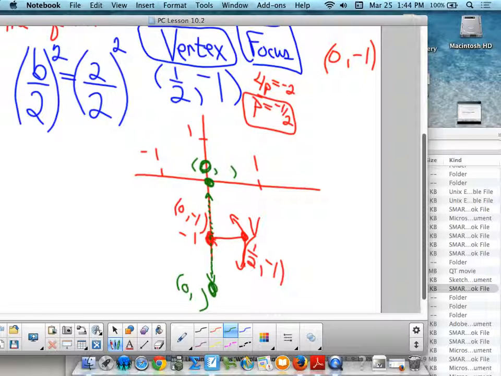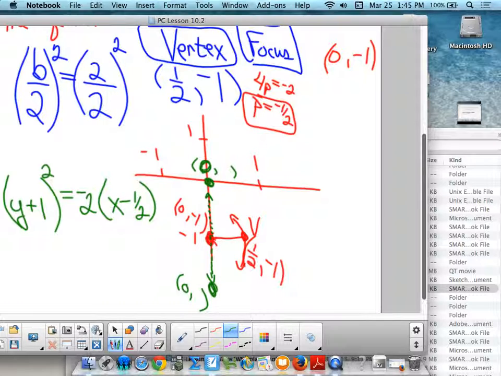So, if you would help me, because I don't see it, the equation was y plus 1 squared equals negative 2 times x, was it minus? Minus 1 half. Okay. But you know you're going to plug what in? 0. So you'll plug the 0 in here, and you will get negative 2 times negative 1 half, which is 1.